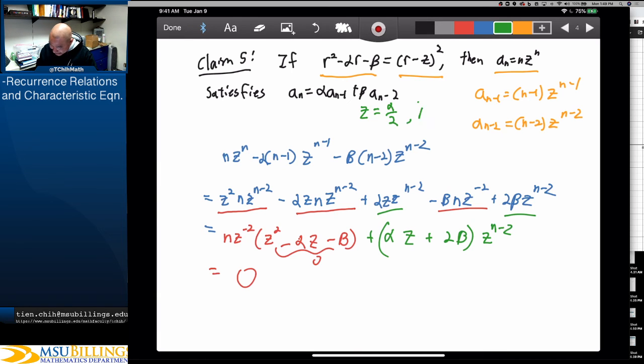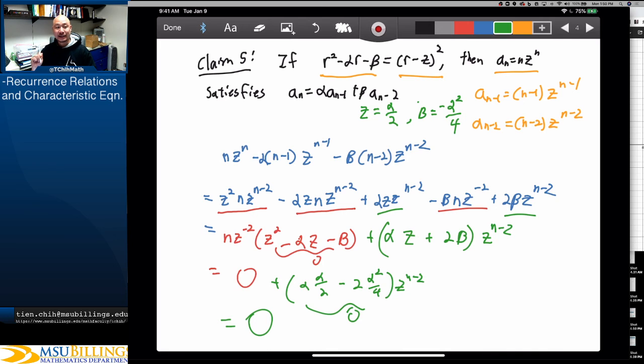And that means beta has to be negative alpha squared over 4. So if we put those facts in, we get alpha over 2 minus 2 times alpha squared over 4, times z to the n minus 2. And that whole thing turns out to be 0 when we simplify.